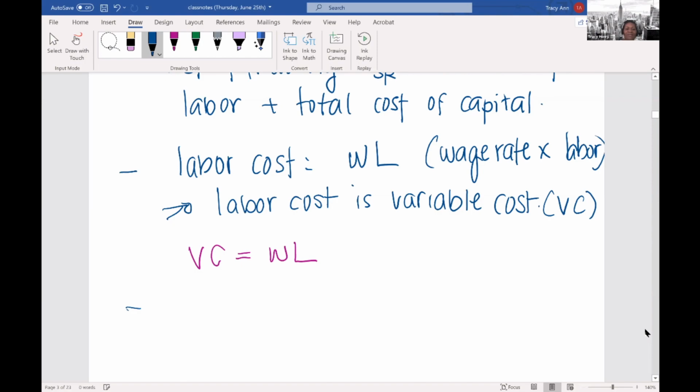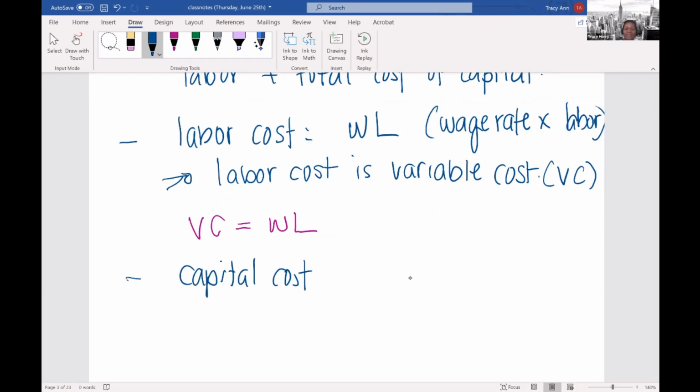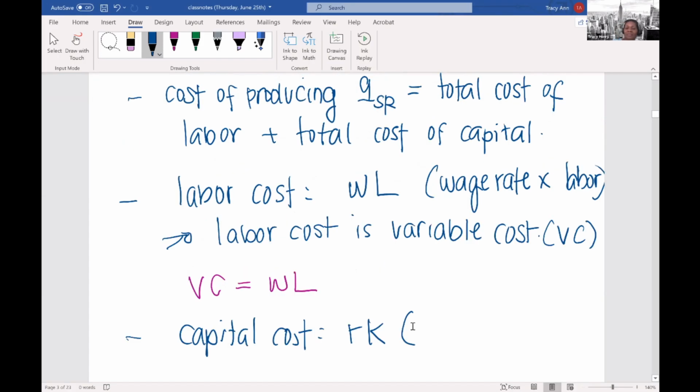My capital cost, in a similar manner, I can say my capital cost is RK, where R is the price of capital. Maybe, like I said, I borrowed money, so it's an interest rate. So it's the price of capital. Or maybe I rented it, so rental rate. And if I say rental rate, then it's okay.